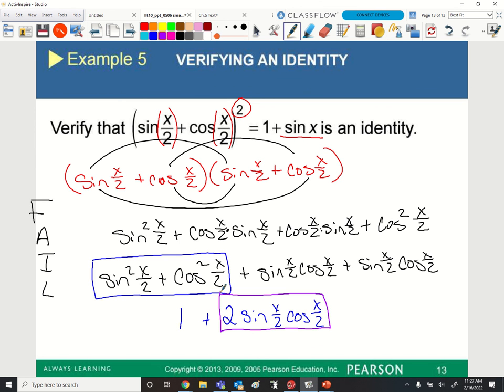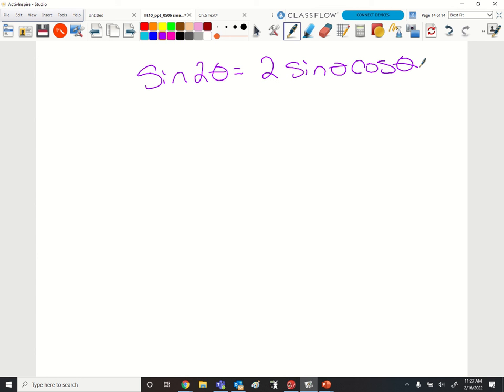So I'm going to rewrite this right here over here, because if it's a double angle of sine, it says sine of 2 theta is equal to 2 sine theta cosine theta. Right? That's my formula. I use thetas instead of alphas or t's or whatever you have in there.